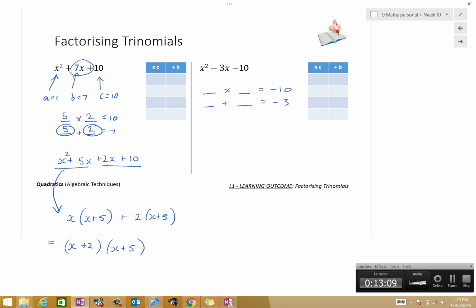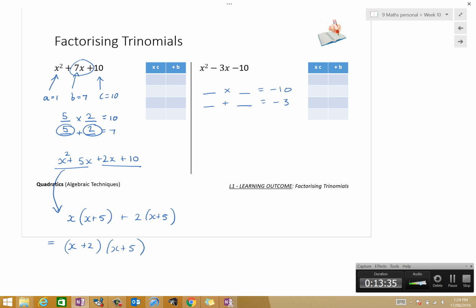Remember that if I multiply a negative and a positive, the result is what? Negative. So I know that one of those numbers has to be positive and the other one has to be negative. But which one has to be greater? If I'm adding them together and the result's negative, then which whole number's greater? The negative one.